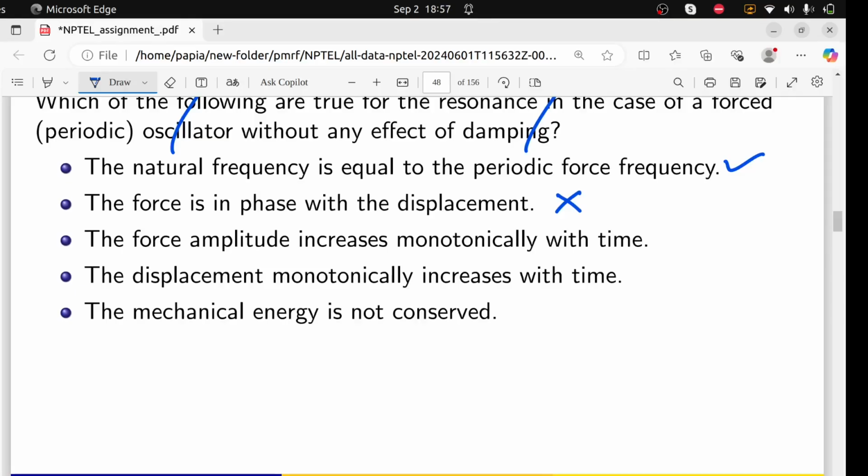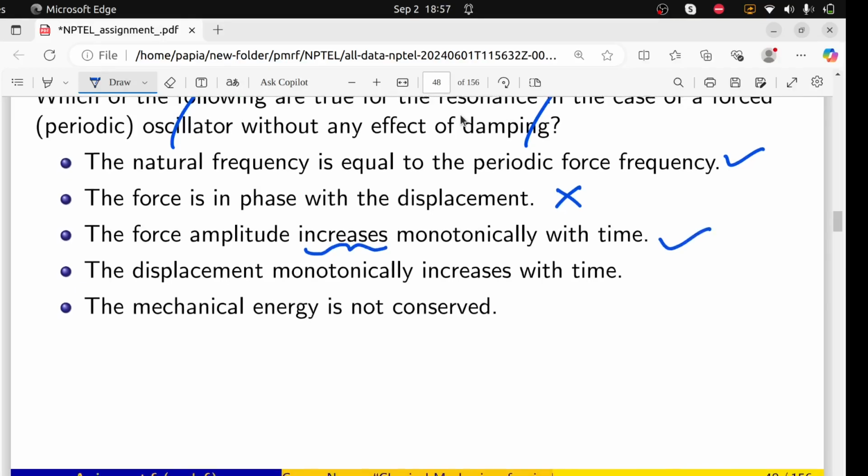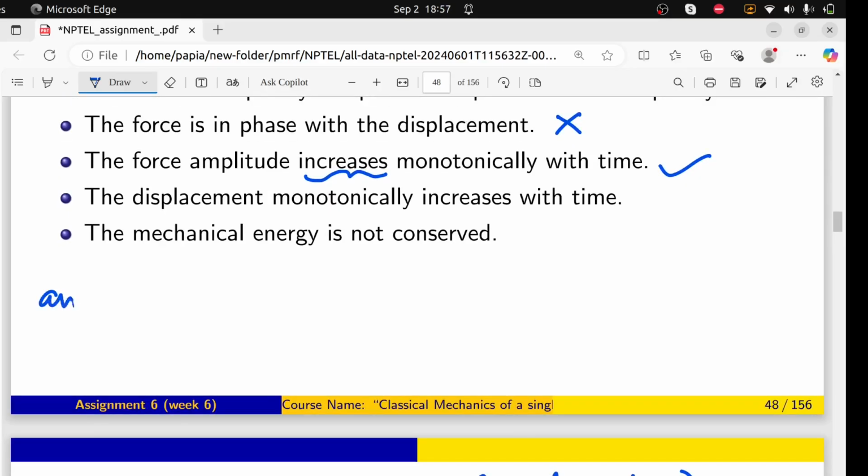The force amplitude decreases monotonically with time. No. Increases monotonically with time? Yes, that is correct. Why is that correct? Because the force amplitude is, no, not force amplitude. The displacement monotonically increases with time.